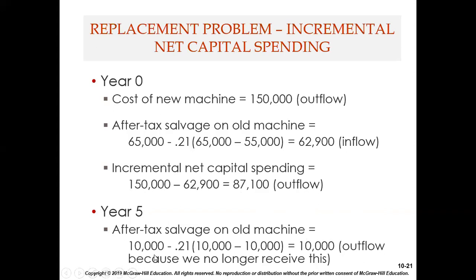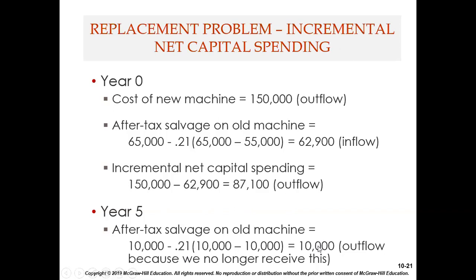So we would have sold it, the salvage value was 10,000. At the end of the year 5, the salvage value and the book value would be equal. So there would be tax of 0 on that inflow.